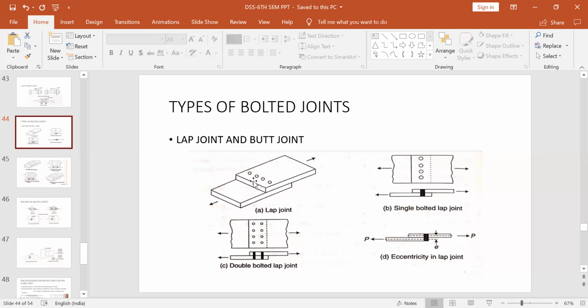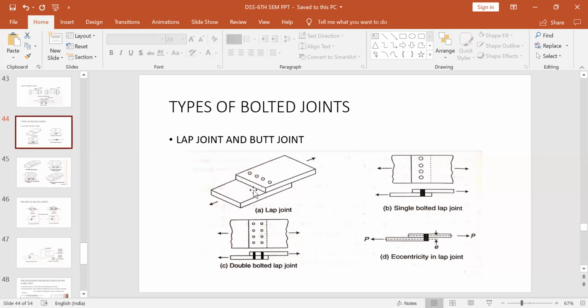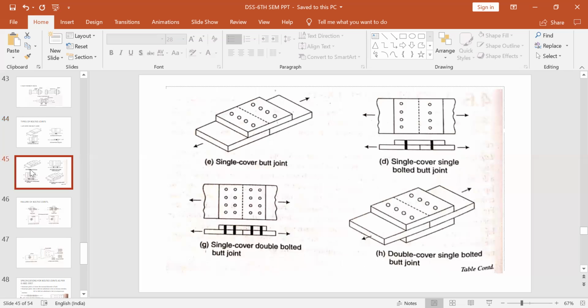So this has been rectified in a butt joint. So what is a butt joint? Now this is a butt joint. In a lap joint, these two loads were not in the same plane. The connecting members were in different planes, so loads were also in different planes.